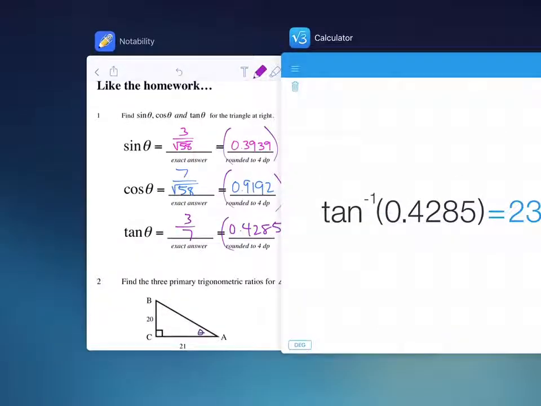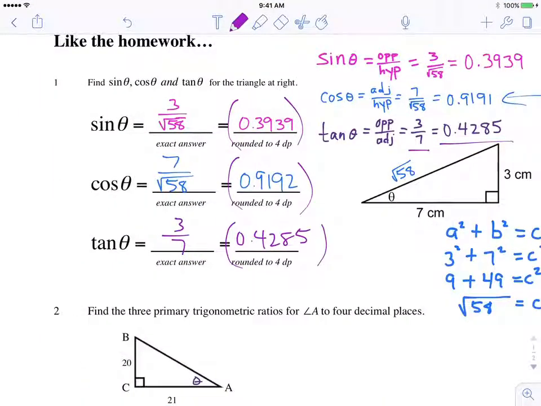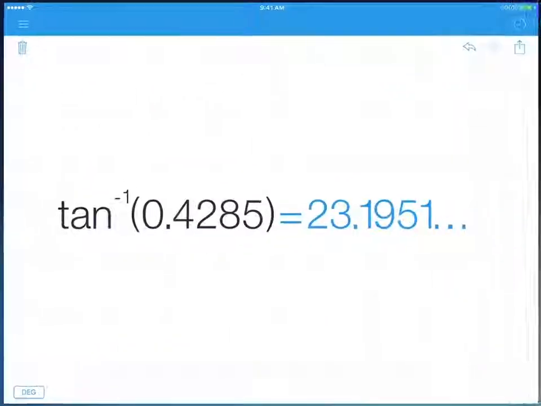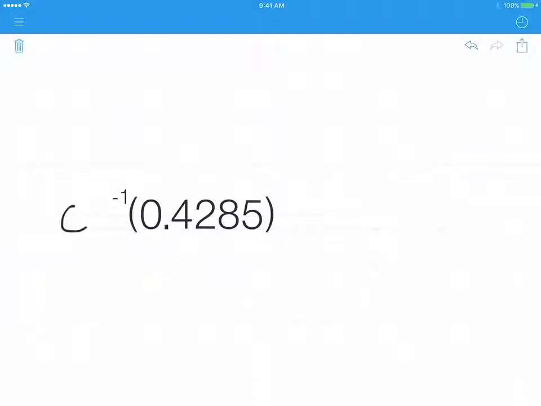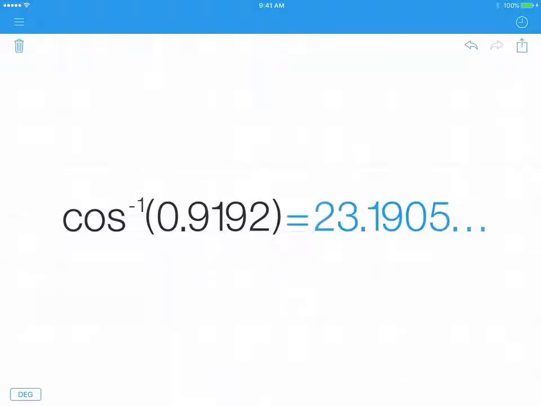If you took cos inverse of 0.9192, you get the same angle, 23 degrees.